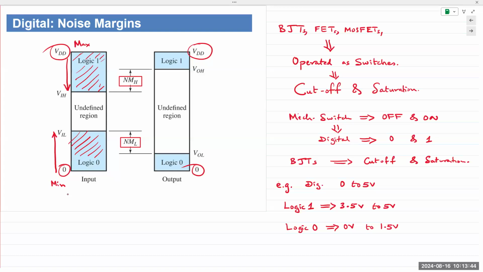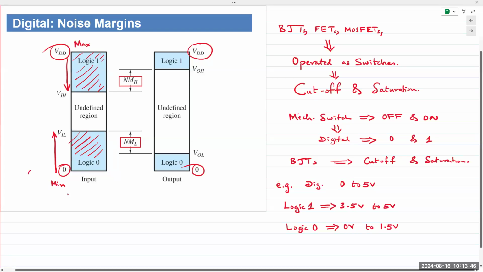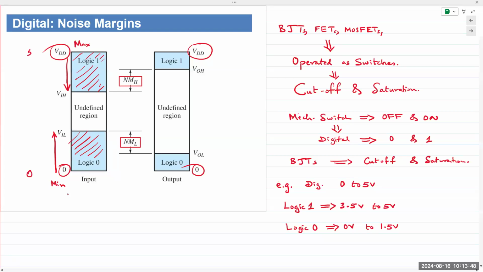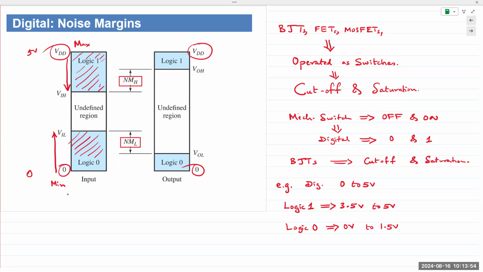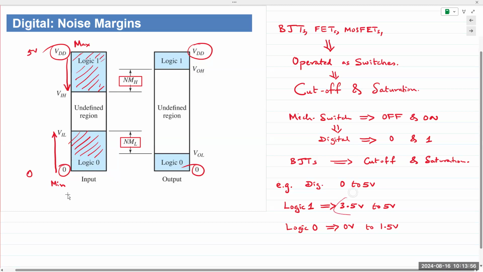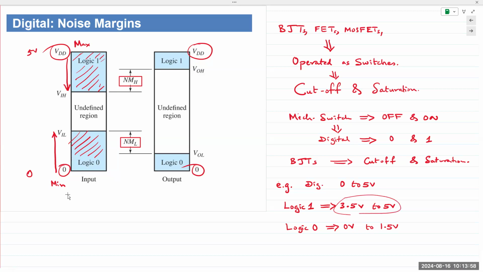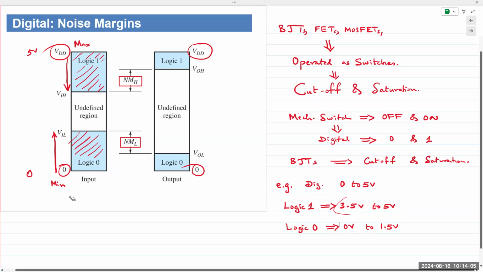So for example, if we say this is from 0 to 5 volts, then high, logic 1, can be described as the top portion of the voltage, which is 3.5 to 5 volts. And logic 0 is described as 0 to 1.5 volts, which is at the bottom, lower end. And then in the middle is undefined region.